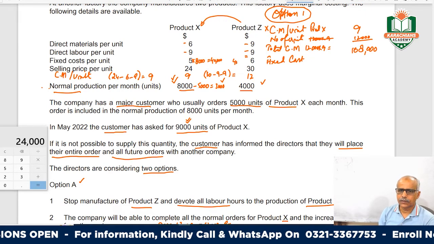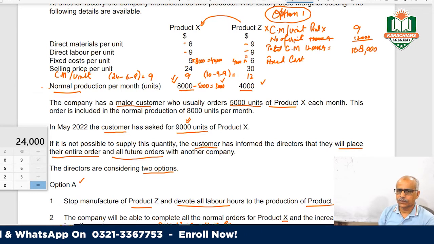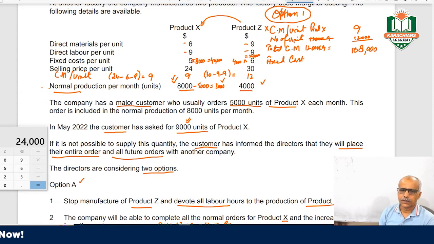Number of units are 4,000, then this will be 24,000. Okay, 40,000 and 24,000.